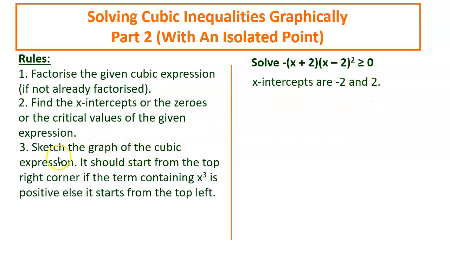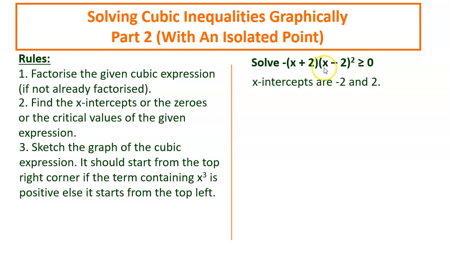Now coming to rule number 3. Sketch the graph of the cubic expression. It should start from the top right corner if the term containing x to the power of 3 is positive. Else it starts from the top left. Now, in order to get x to the power of 3, this is a linear factor, x plus 2.